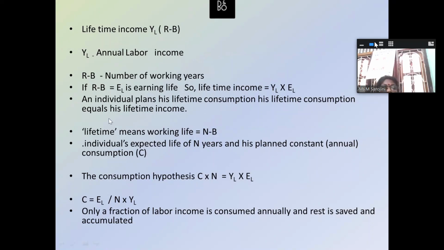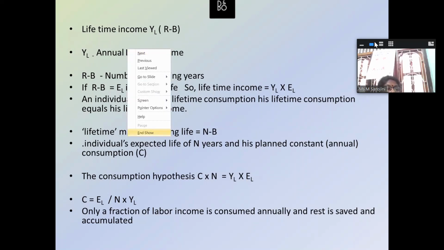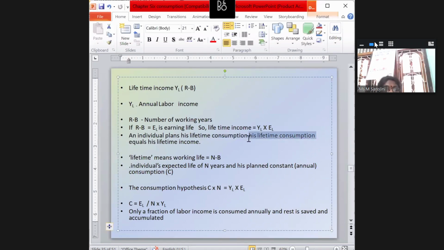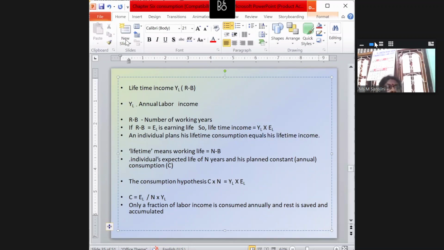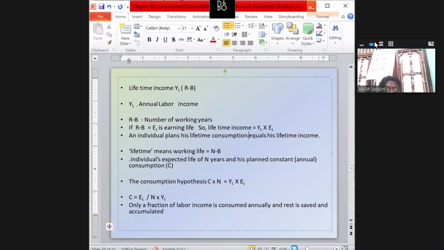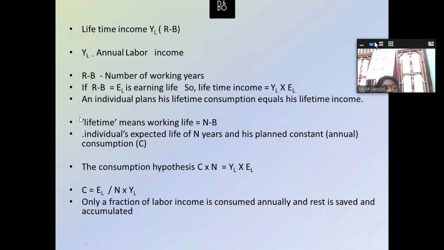Right? Here is another assumption: an individual plans his lifetime consumption equals his lifetime income.